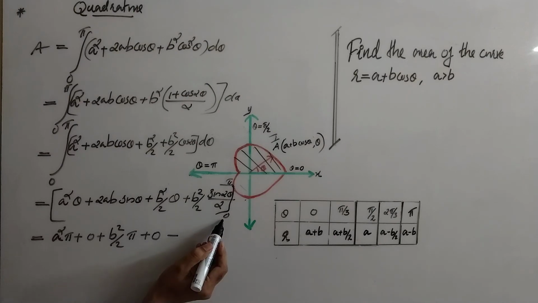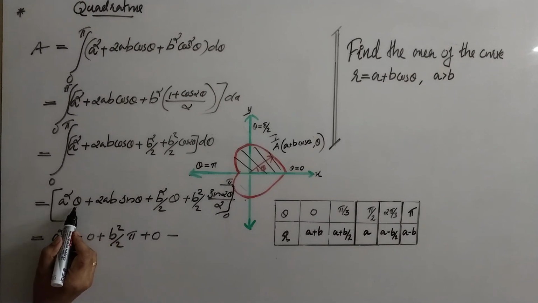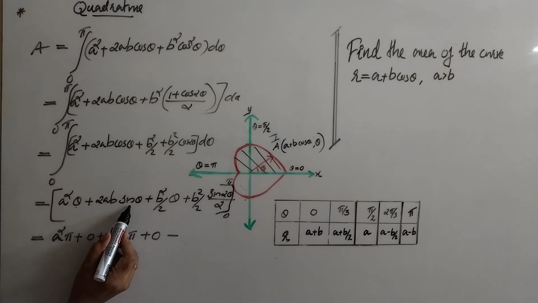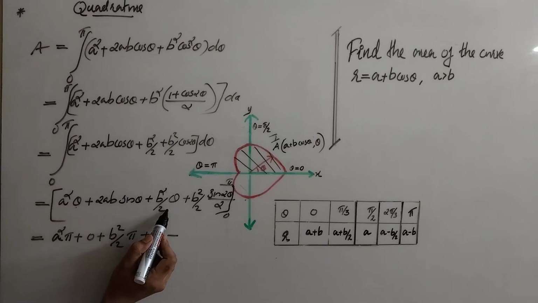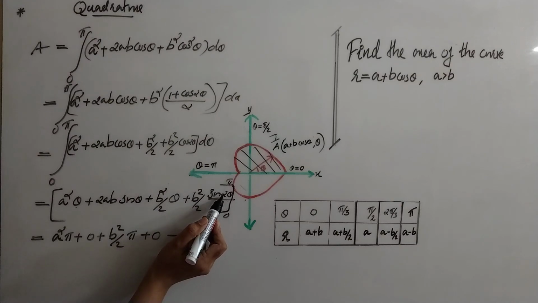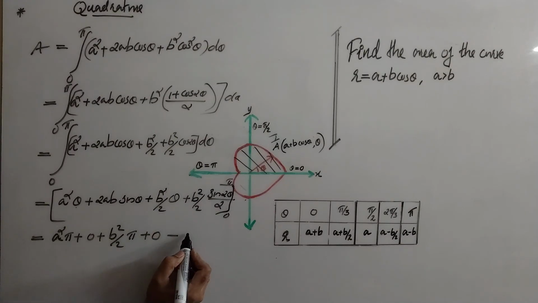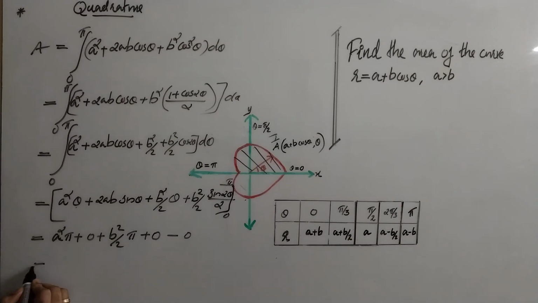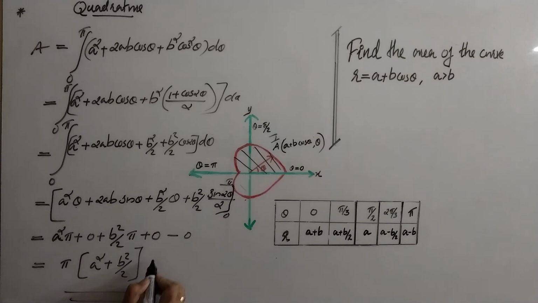Minus, if you apply the lower limit 0, this term becomes 0, this term also 0, sin 0 is 0, b squared by 2 into theta, if theta is 0 this term becomes 0, and here also sin 0 is 0. So the answer is pi into (a squared + b squared by 2) unit square. If it is area, then unit square.